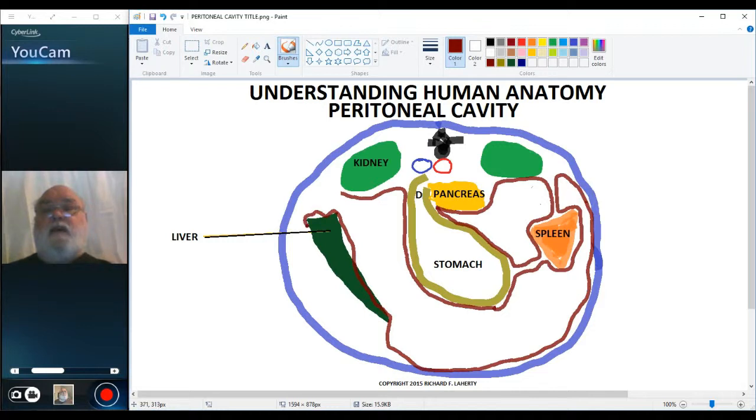Falciform ligament we had, come back around the liver, the other side of the falciform ligament, and then around the body wall like so, to complete the picture. And again, this is the omental bursa.